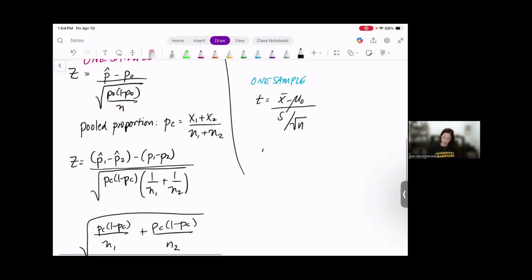We're going to expand that to be the difference in the sample means minus the difference in the hypothesized means, which more often than not is 0, and then divide that by the square root of the standard deviation of the first group squared over n1 plus the standard deviation of the second group squared over n2. So you're just extending these formulas a little bit.